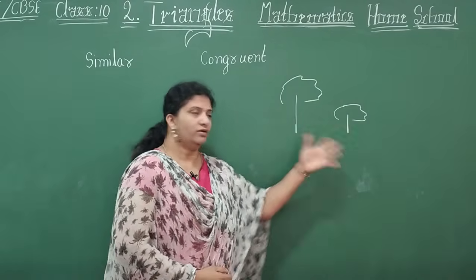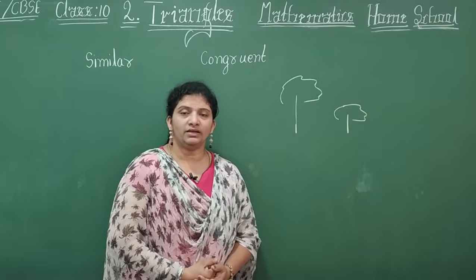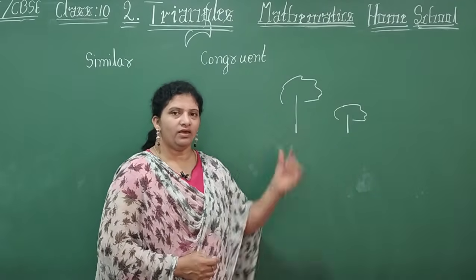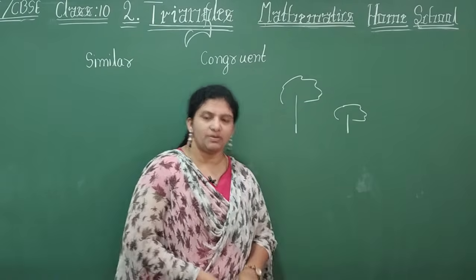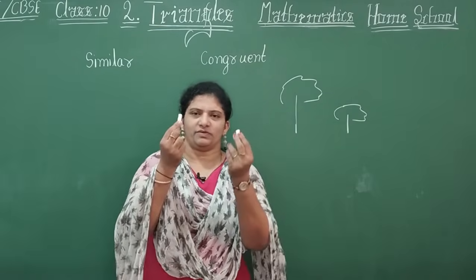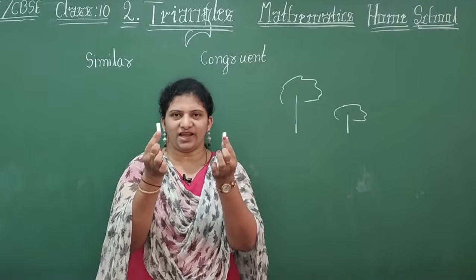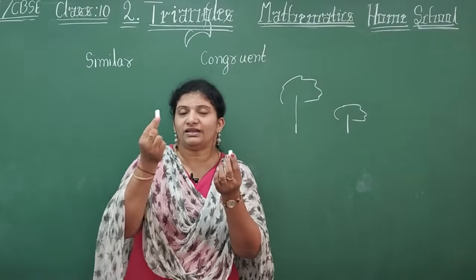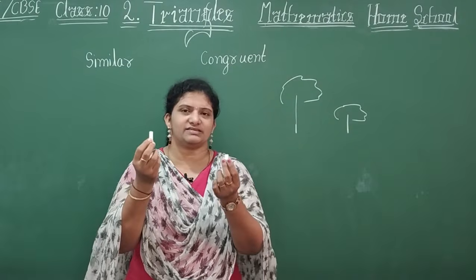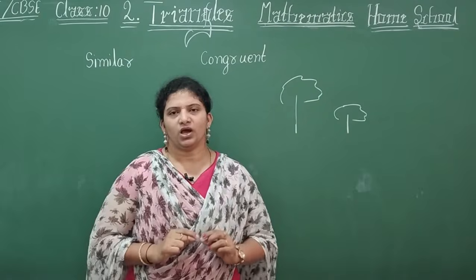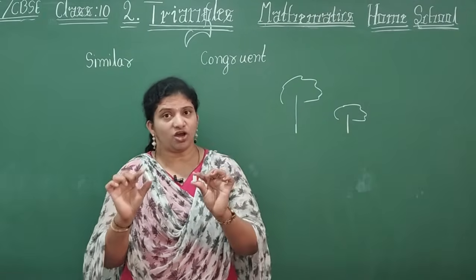No, both are trees, but they differ in size. The name is the same, tree. Suppose, let me take a chalk piece here. These two are chalk pieces, right? But they differ in their sizes. This is a little big and this is a little small. Both the names are chalk piece.